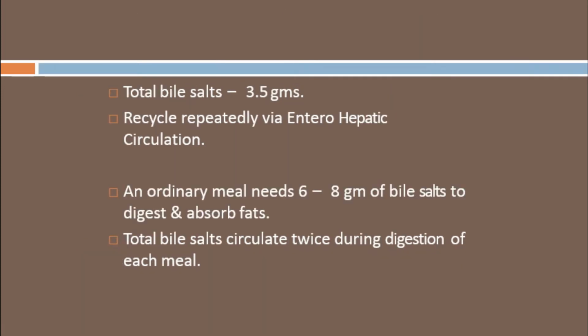In total, the bile salt pool makes up 3.5 grams and is continuously being recycled and sent back to the liver. Usually in an ordinary meal, we need 6 to 8 grams of bile salts to digest and absorb fats. So during the process of digestion, the total bile salts will circulate twice to maintain their function of helping in digestion and absorption of fats.